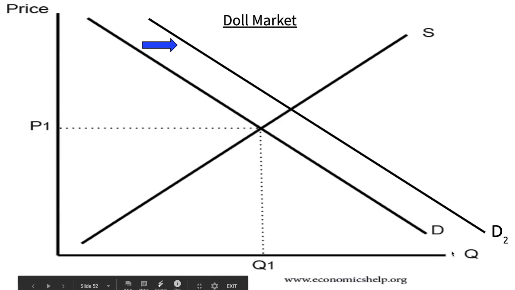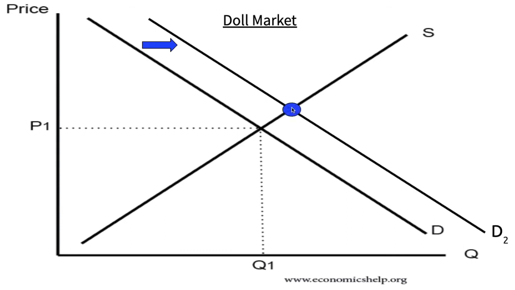That's our x-axis, that's quantity, and we are shifting to the right. They want more dolls because they need to replace the blocks that they're not going to buy because they went up in price. So what does this do to the doll market? Now we have a new equilibrium, a new price, P2, and a new quantity, Q2. That's one example of the impact of this stuff.